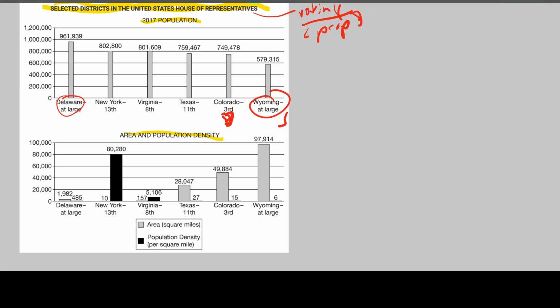The first one is good at telling us general populations, and here we can infer that, well, New York's 13th district, which means there's at least 12 other districts, that district alone has 802,000 plus people in that one district, whereas Delaware in its entirety, the entire state, has roughly 961,000 in its entirety.